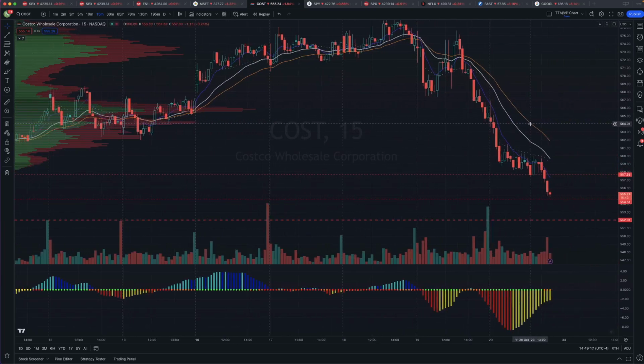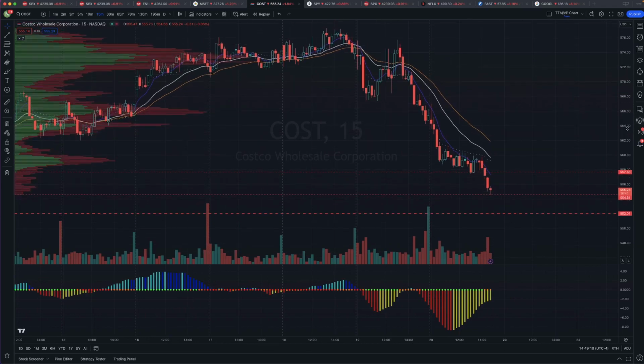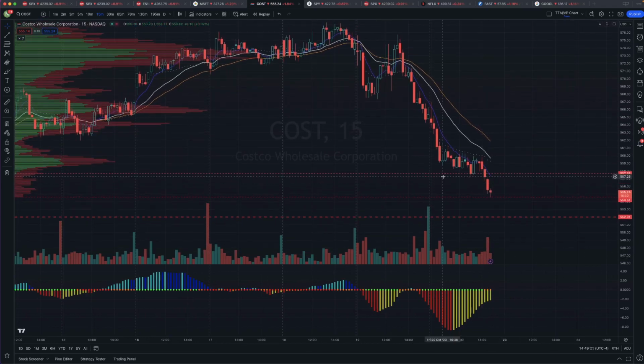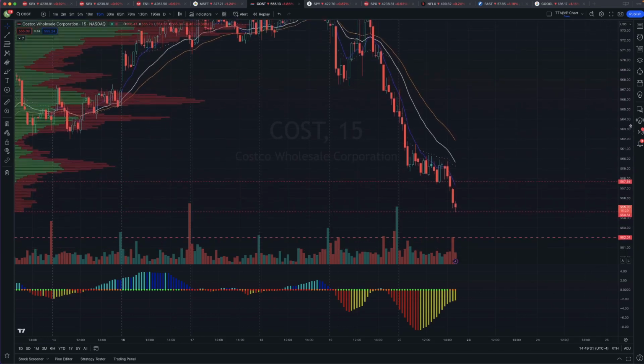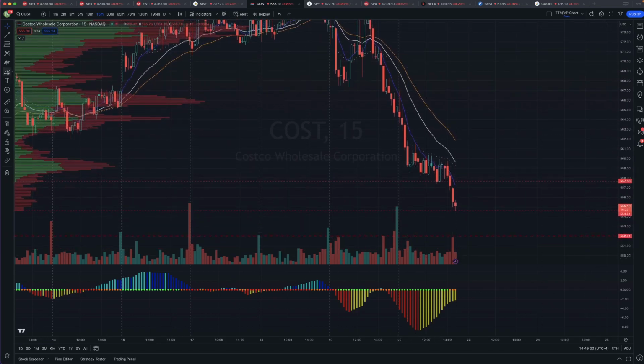Basically, for instance, let's say Costco bounces here, right? You see this? This is how I would read it. This is a better way to describe this. So there is a chunk of people right here. Obviously, you can see all of that price action.